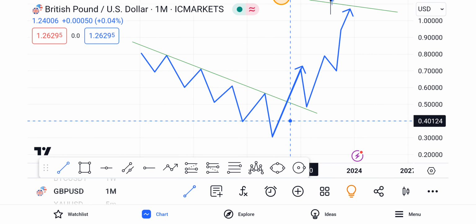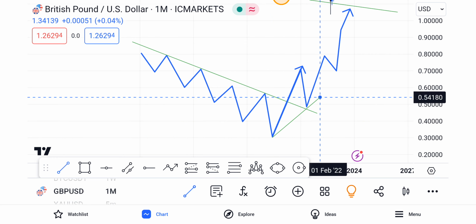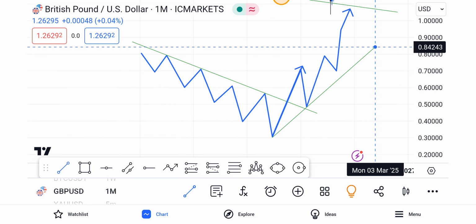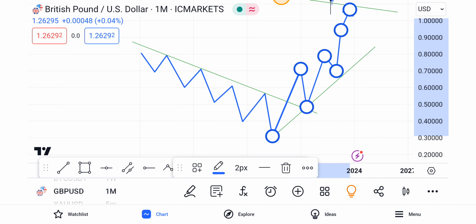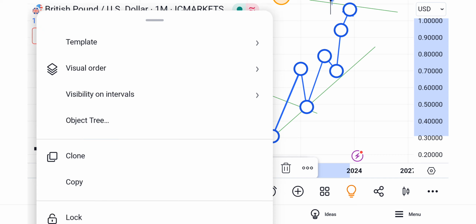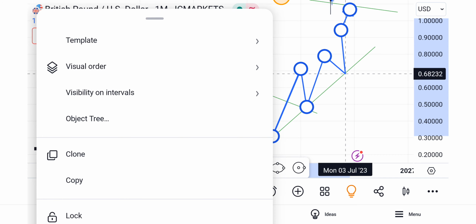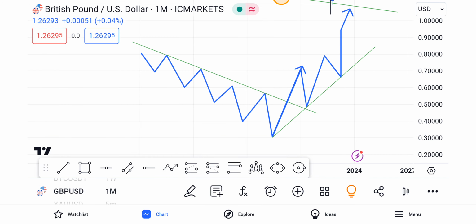So we can connect our trend line from here to incorporate this area. Please forgive me, my lines are not really perfect, but that is a typical scenario where we can have price do that. Okay, so that is it. These are the scenarios when we can use trend lines on any financial instrument that we are analyzing.